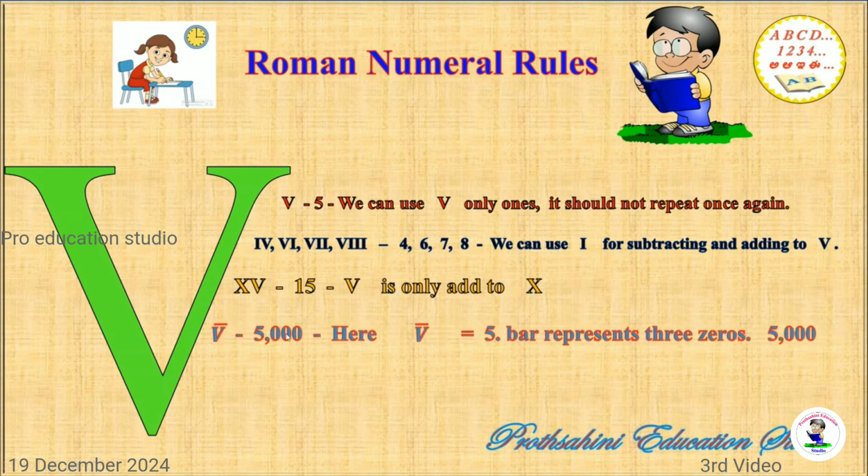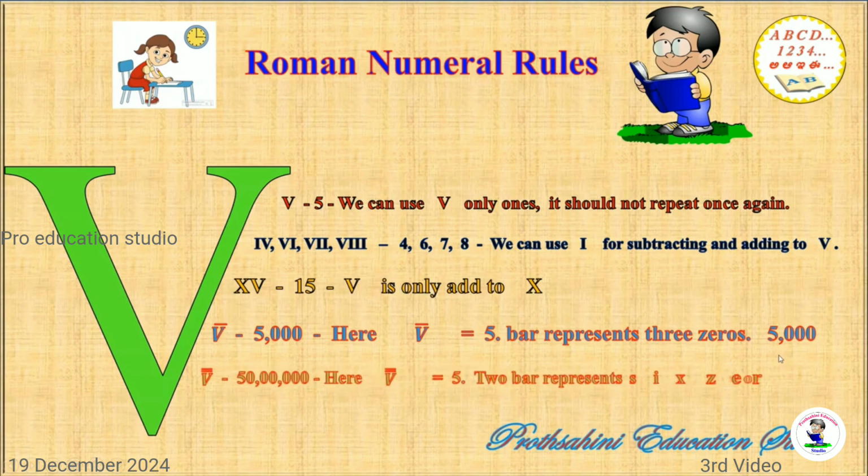Now V bar is 5000. How did it come? Same as the one bar and one double bar. Now one bar represents 3 zeros and V represents 5. So V bar is equal to 5 with 3 zeros, which is 5000.